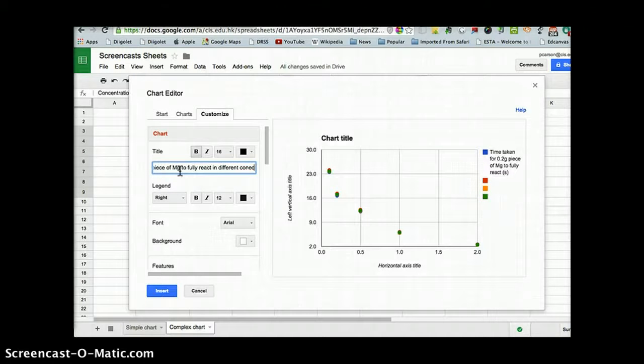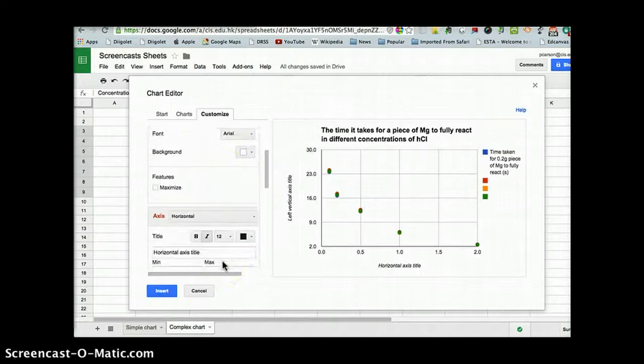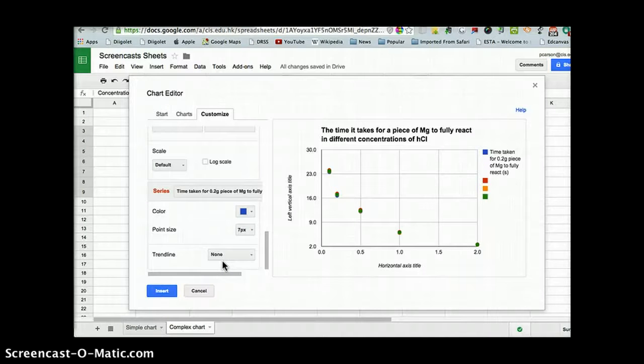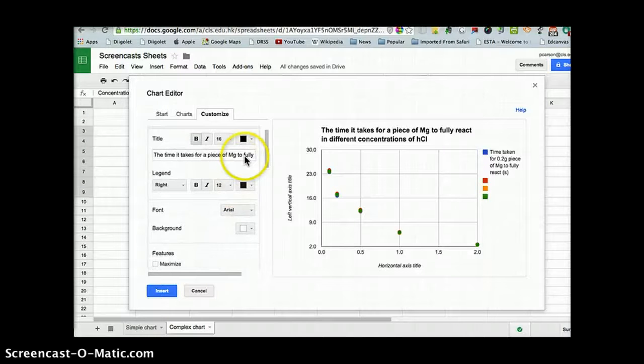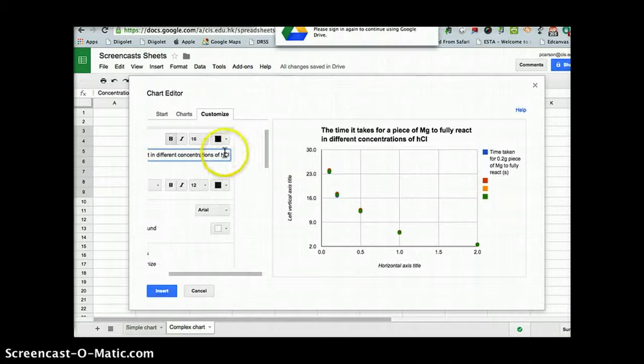I think that's what we used. Concentrations of HCl. Oops. Let's edit that before it goes any further and see how it looks. Just going to edit this section here, and we've got to make that a capital H for hydrogen. There we go. Now, that's looking okay.